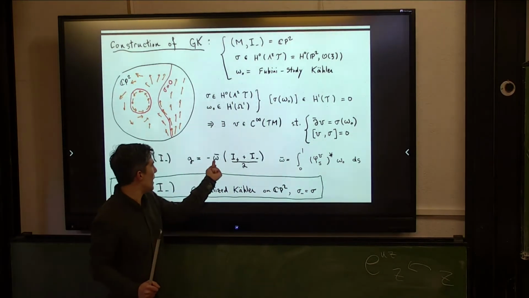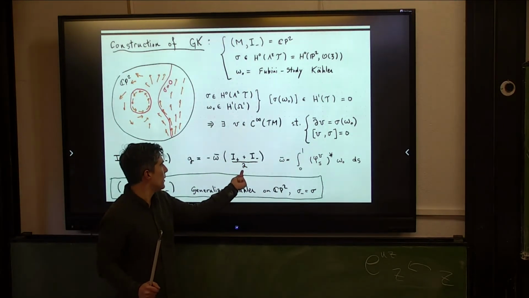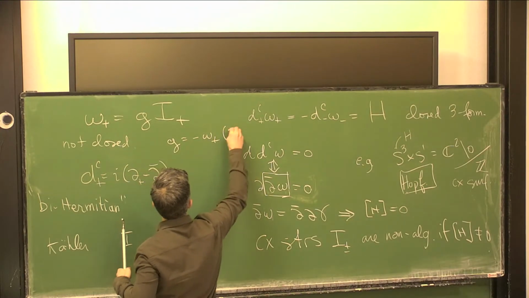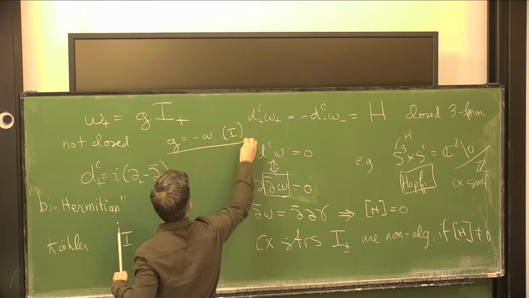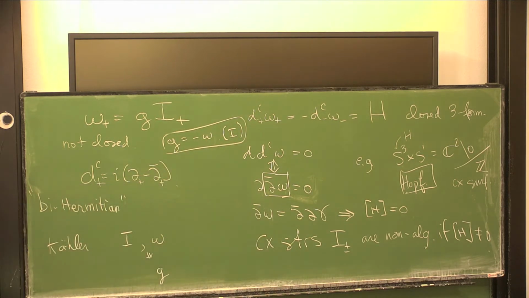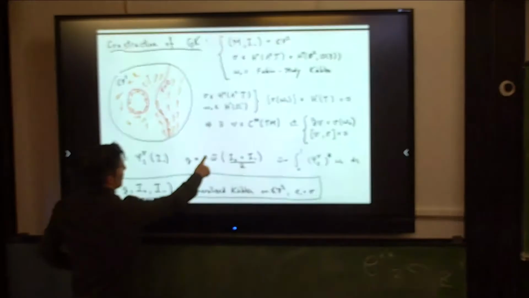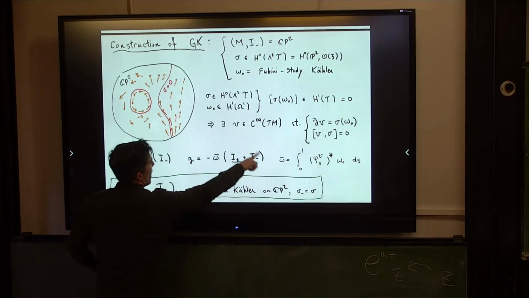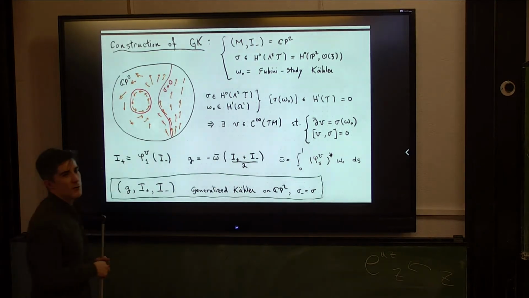And when you combine that with the complex structures over 2, that's very similar to this equation: G is minus omega plus I. Or Kähler, it would be like this. The metric is obtained from the Kähler form and the complex structure. Here we have this averaged Kähler form, which is a closed form, combined with the average of the complex structures.